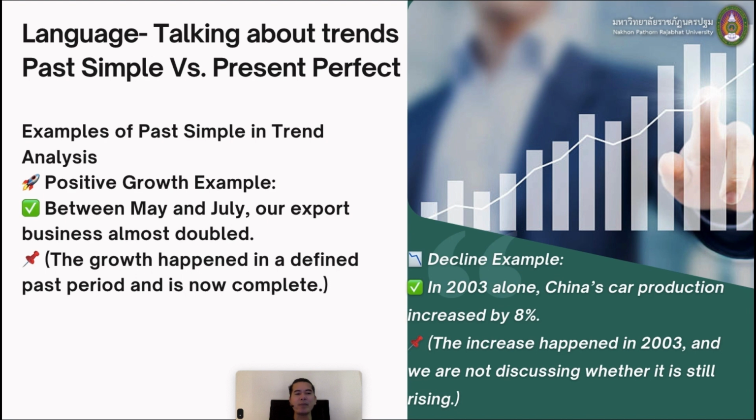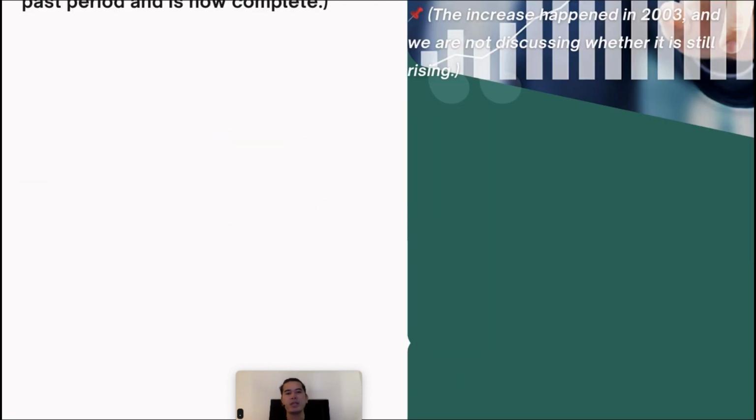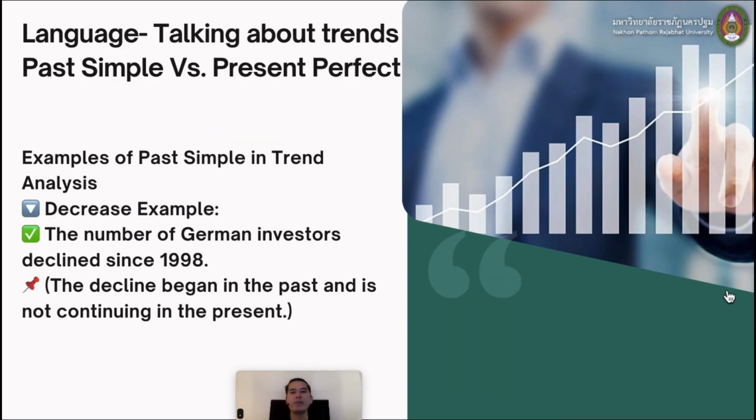The increase happened in 2003, and we are not discussing whether it is still rising. Next, decrease: the number of German investors declined since 1998. So that's an example for past simple.